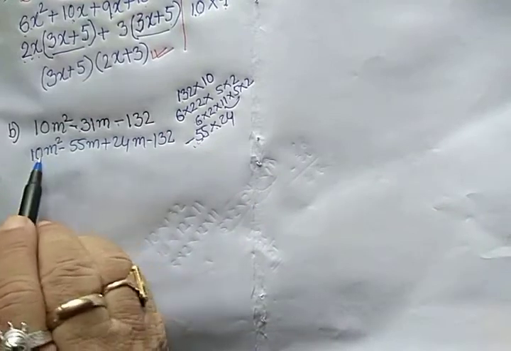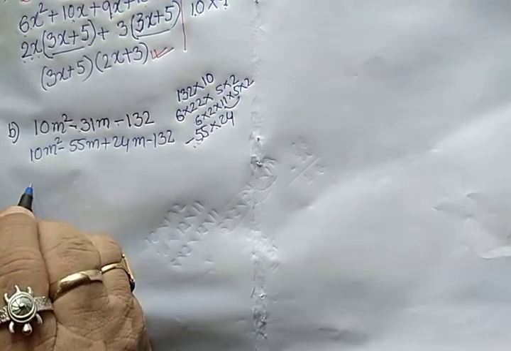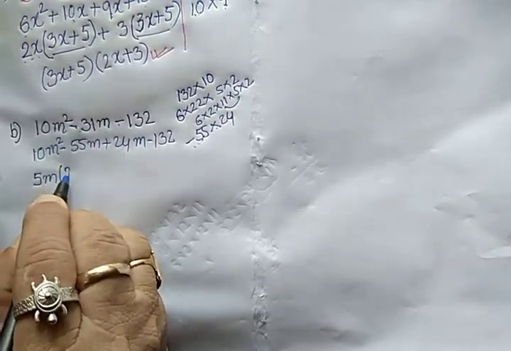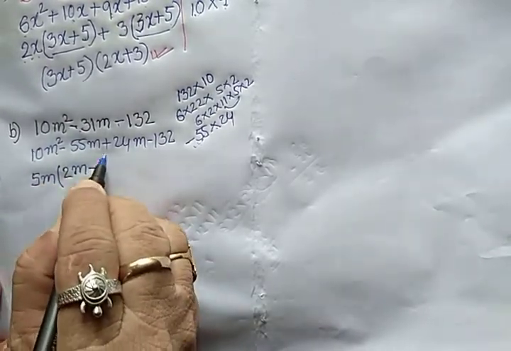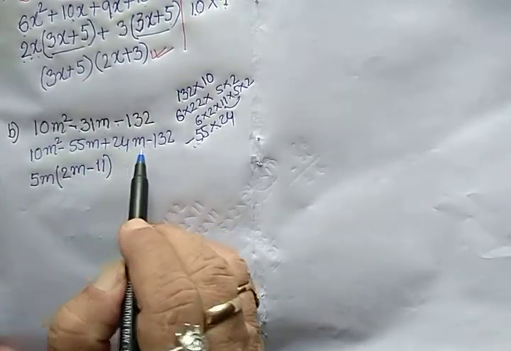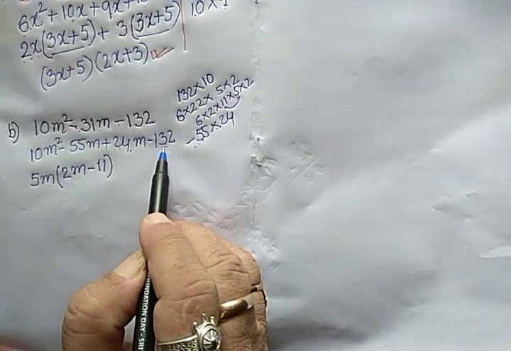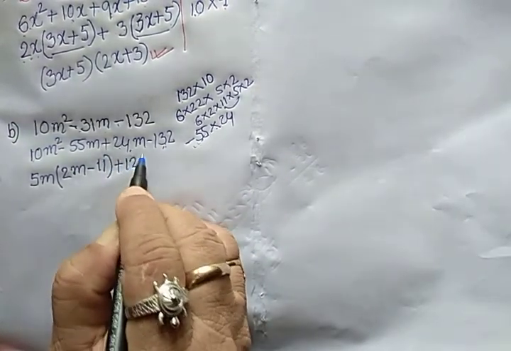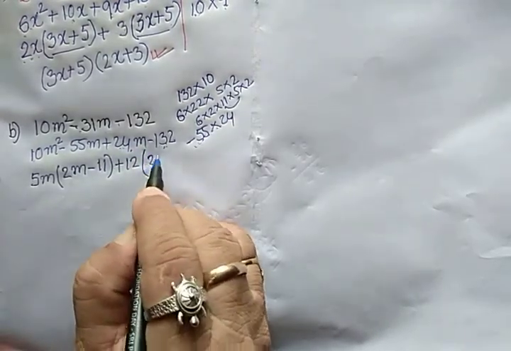So from this you can take 5m common. So here 2m will be left, here 11 will be left. And from these two you take 12 common. How much you get here? 2m.